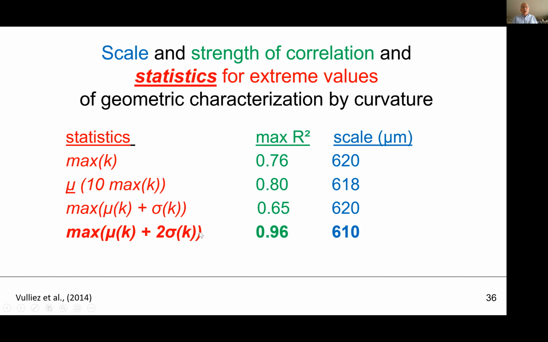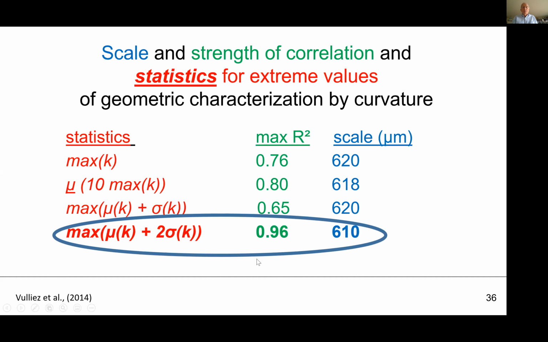And then one day I came in, and Margot was looking at an absolutely beautiful curve. This was largely trial and error: taking the maximum curvature plus 2 times the standard deviation. And we had 0.96, which is a wonderful R-squared experimentally, and at a very specific scale.